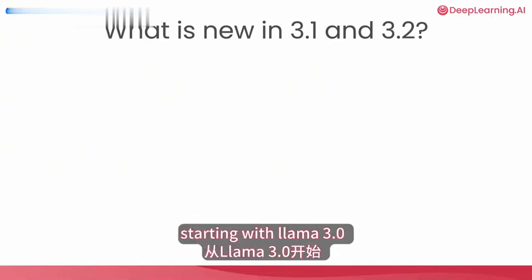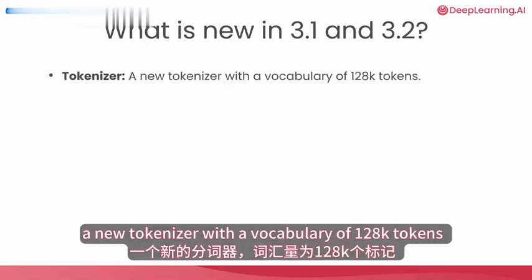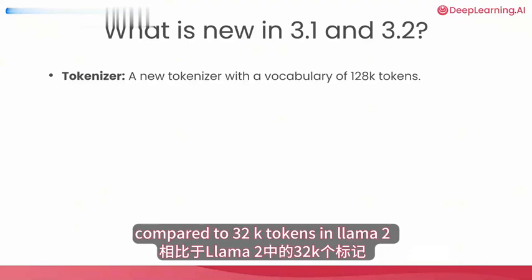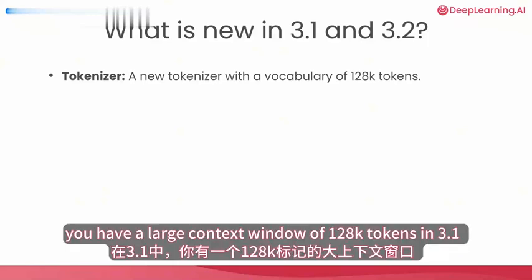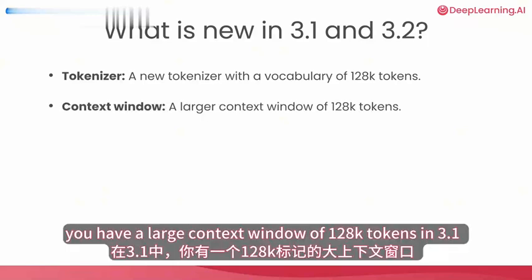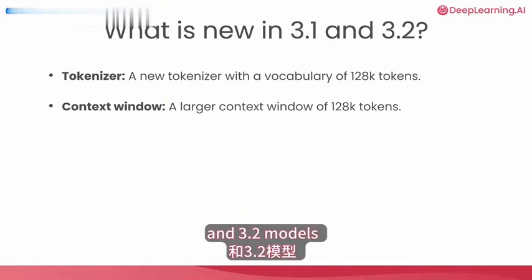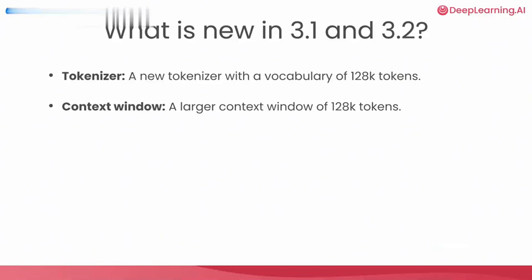Starting with Llama 3.0, you have a new tokenizer with a vocabulary of 128K tokens compared to 32K tokens in Llama 2. Also, you have a large context window of 128K tokens in 3.1 and 3.2 models compared to 8K in Llama 3.